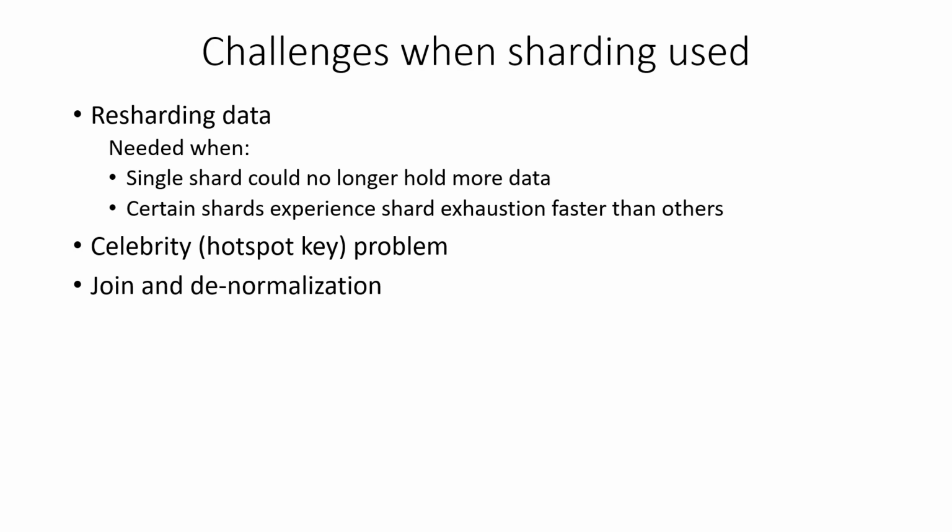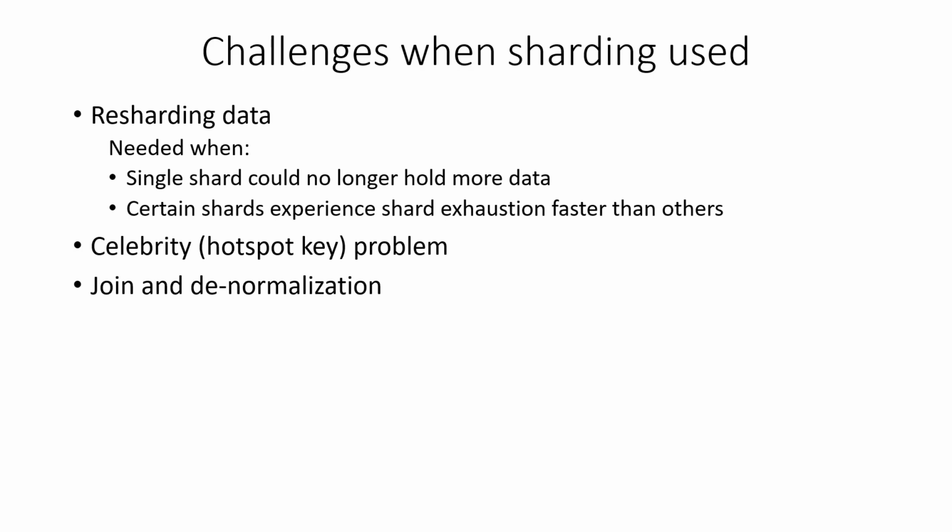Also, certain shards might experience shard exhaustion faster than others due to uneven data distribution. When shard exhaustion happens, it requires updating the sharding function and moving data around. Consistent hashing is a commonly used technique to solve this problem.